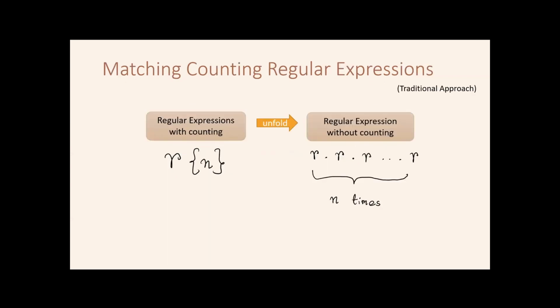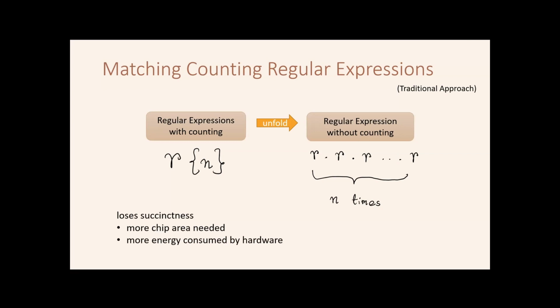How can we match regular expressions with counting? Well, the simplest approach is to just unfold them. So if we have R^n, we can simply write it out as R concatenated n times. And then we have a usual regular expression, and we can use any of our previous methods.